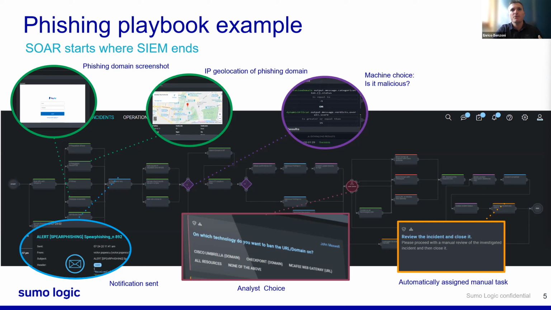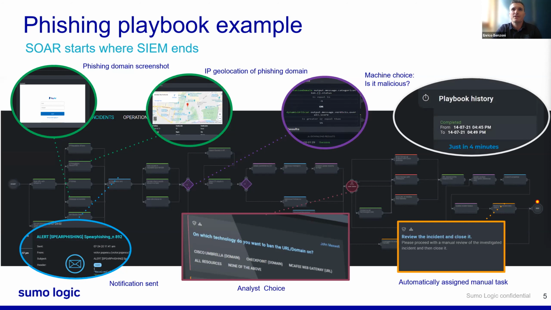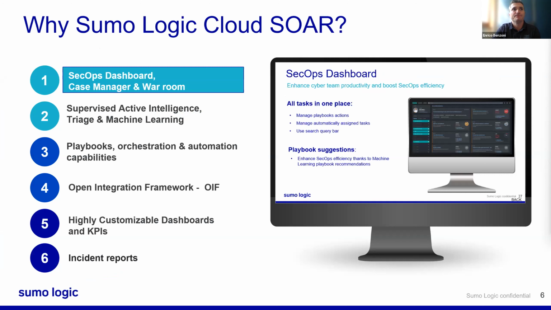The others use the automation because our enrichment are tasks that are time consuming, but are low value tasks that can be performed by the platform in autonomy, leaving to the analyst just what really matters. And this improves the response time. Just in 4 minutes, you can respond to an alert.